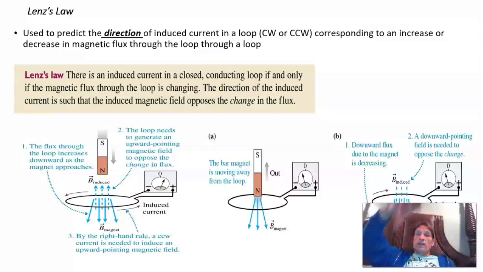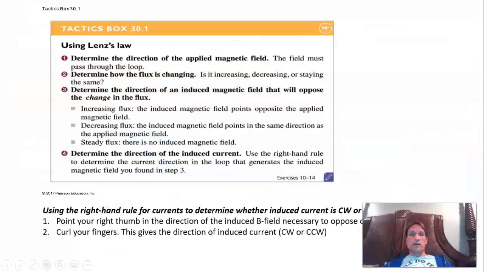So you point your thumb downward in the direction of the induced magnetic field, and you curl them clockwise, and that gives the direction of the induced current.